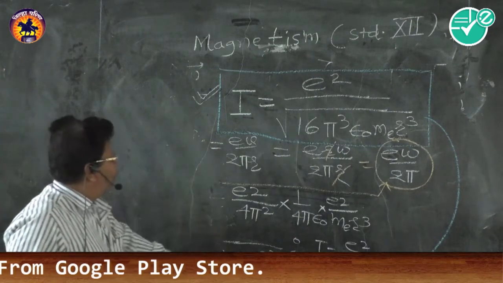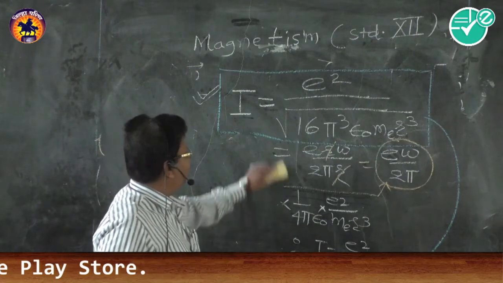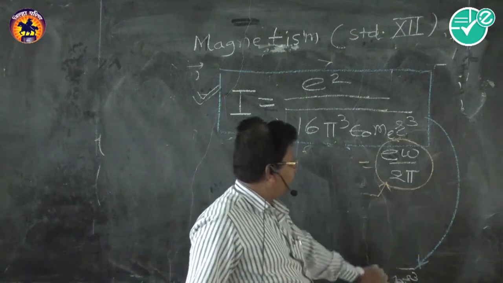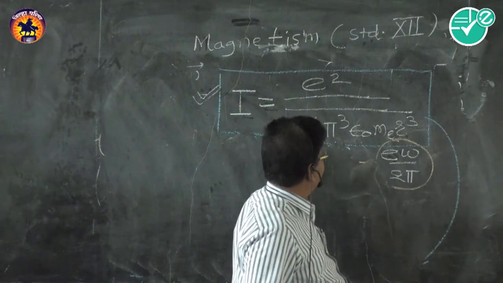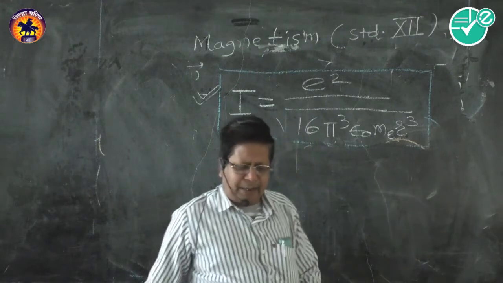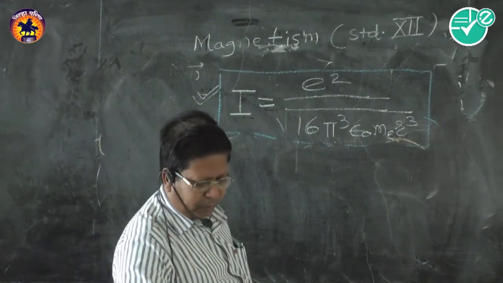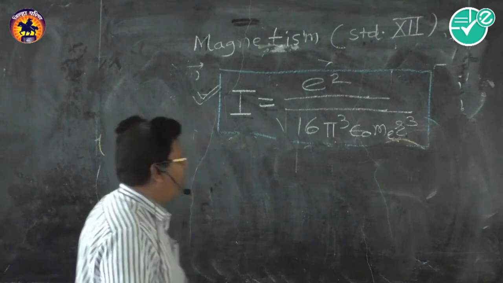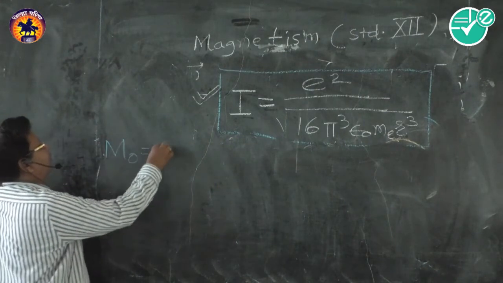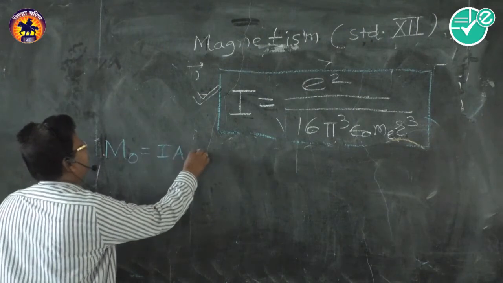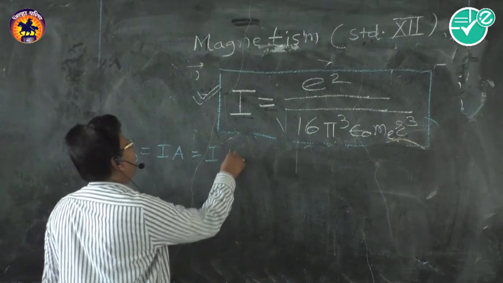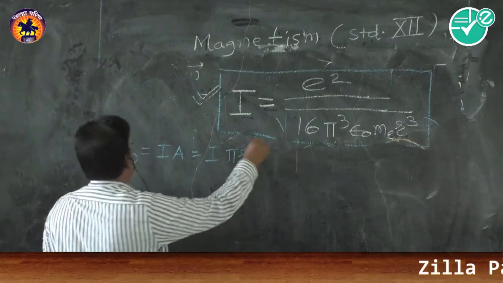Lastly, by using this value of current, we can show again the orbital magnetic dipole moment. And to show the orbital magnetic dipole moment, we know that the value of orbital magnetic dipole moment M O is equal to I A, which is I into pi into r square.